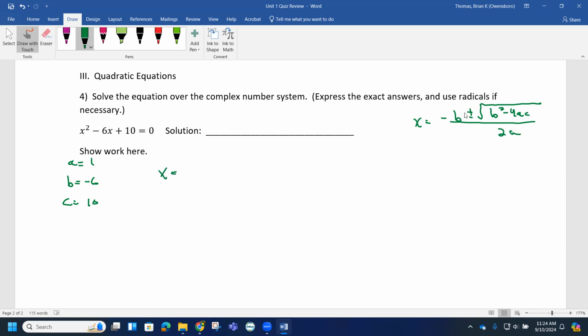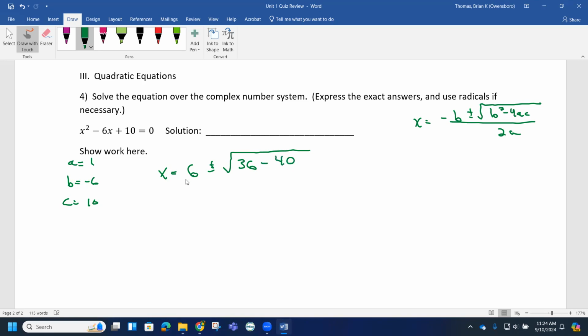The first thing I picked up on is I have to take the opposite of b. So the opposite of -6 is a positive 6 plus or minus the square root of. And then we have to square b. If we square -6, that's going to give me a 36 minus 10. And then I have to go 4 times 1 is 4 times 10 is 40.